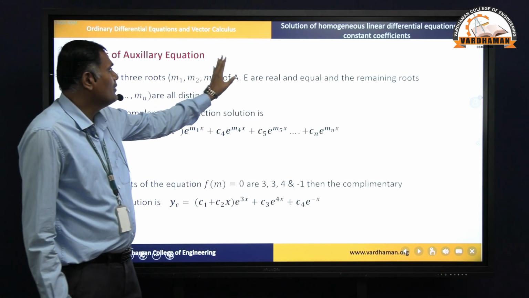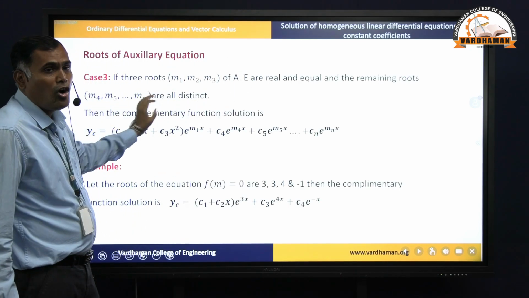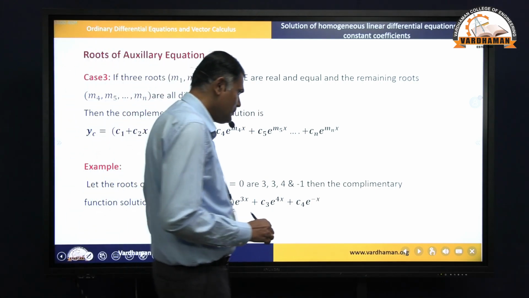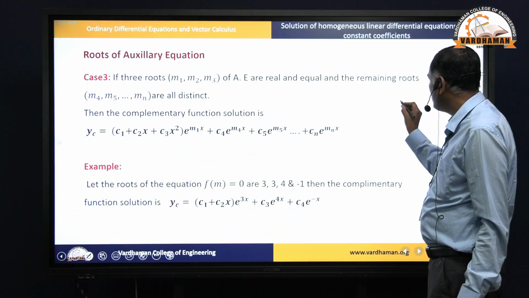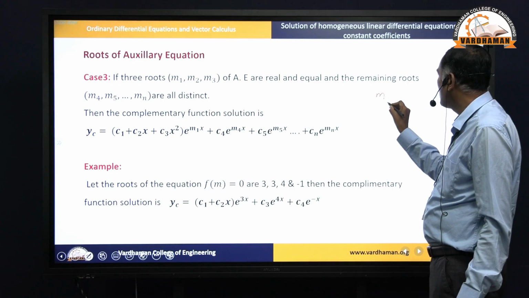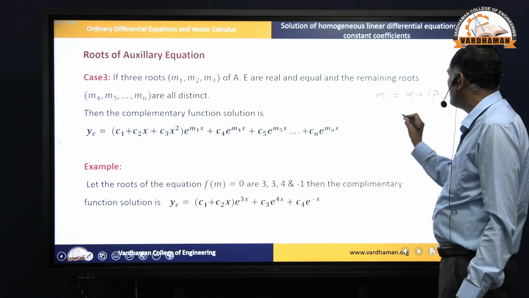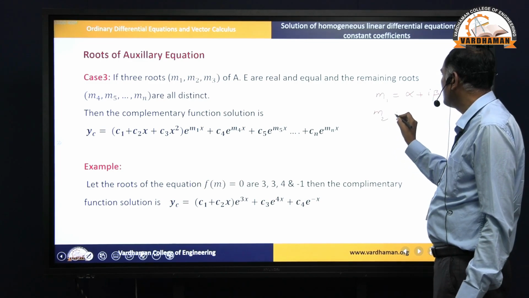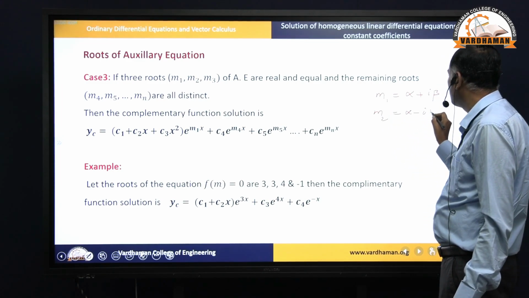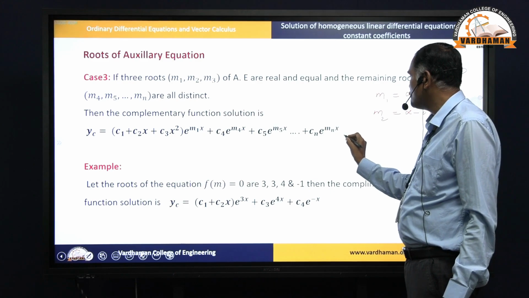If the roots are, let us say, complex. For example, let us say roots are like this. I am taking one root as alpha plus i beta. The other root is alpha minus i beta. In this case, how to write the solution of that DE?